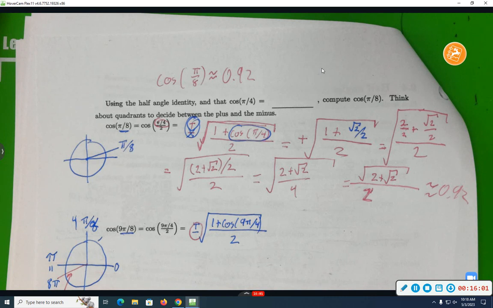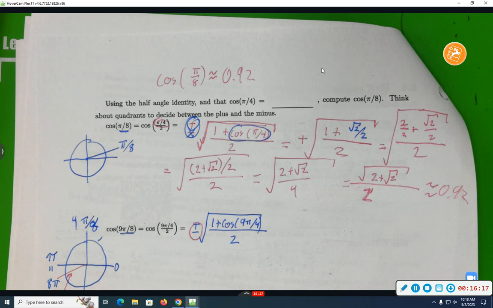Well, I guess 9 pi over 4 isn't literally a thing you see on the unit circle, is it? But things that have pi over 4s involved are. So let's just figure out what that is, where that puts you on the unit circle.